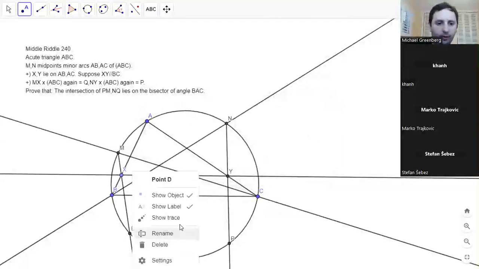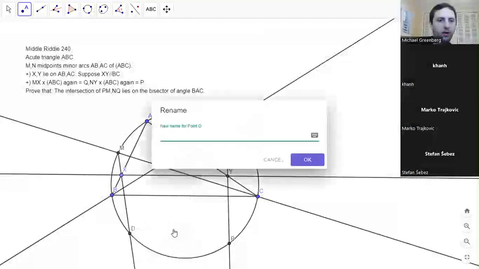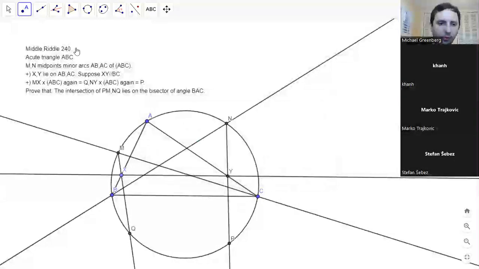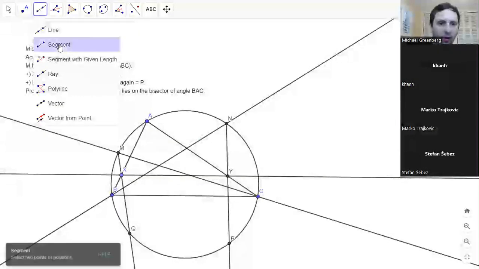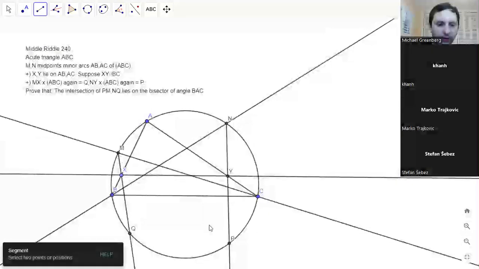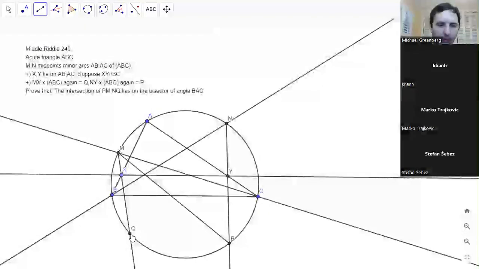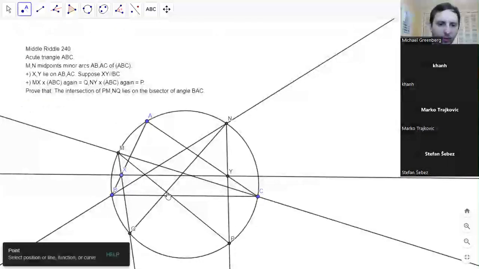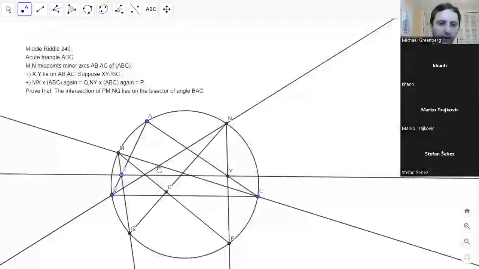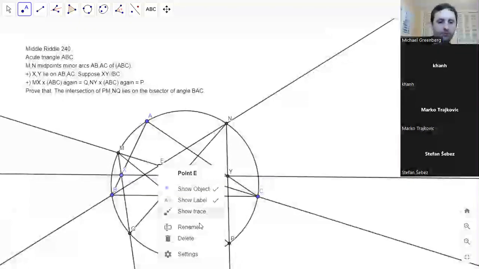And we want to show that the intersection of PM and NQ lies on the angle bisector. So that point right there, which is the same as saying that A, I, and B are collinear.